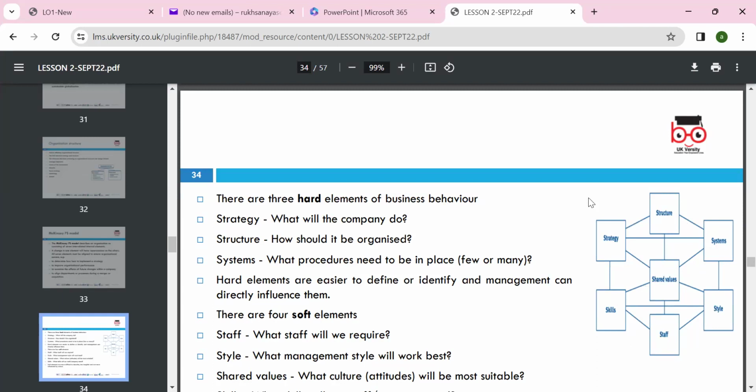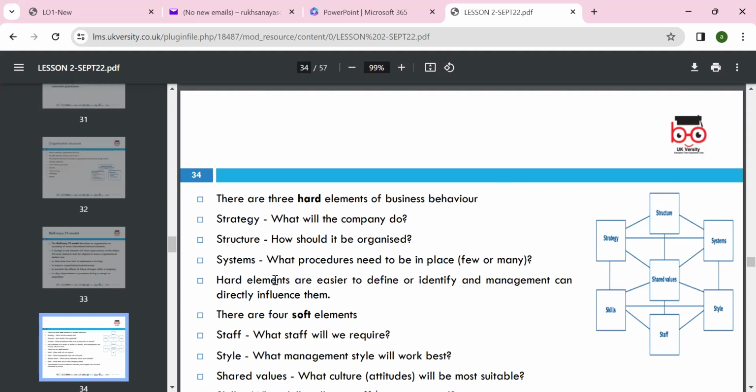Within that, we have David Guest, who gave the model called hard and soft. Hard is more about specific skills, but soft skills can be used across any industry. So strategy can come under hard, structure can be hard, system can be hard.